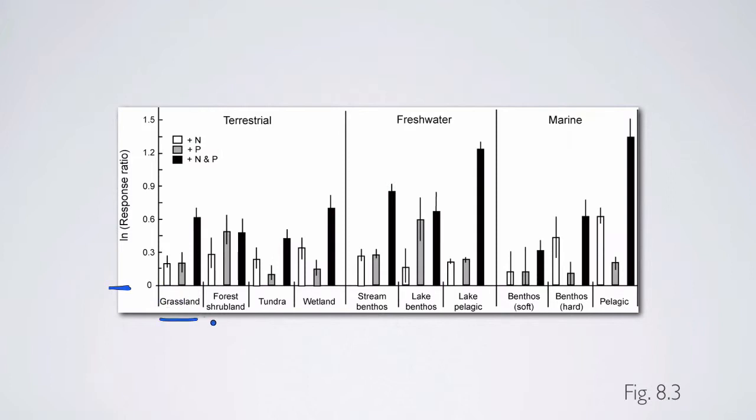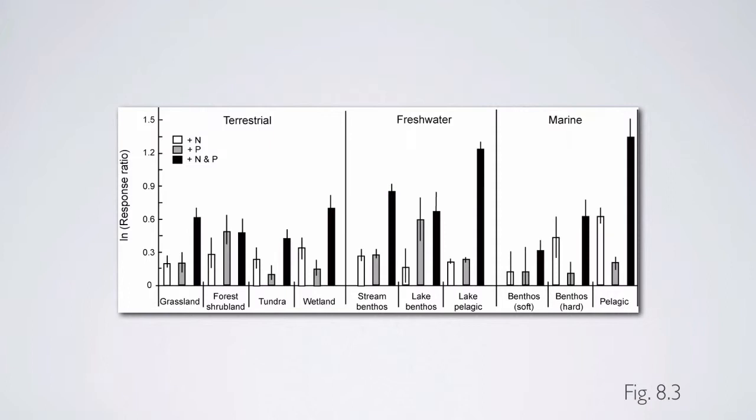So, grasslands, forests, shrublands, tundra, wetland, all of these bars are above 0, which means that in a grassland, if you add nitrogen, phosphorus, or the two together, you see an increase in growth. In forests, nitrogen, phosphorus, and NP together all increase growth.